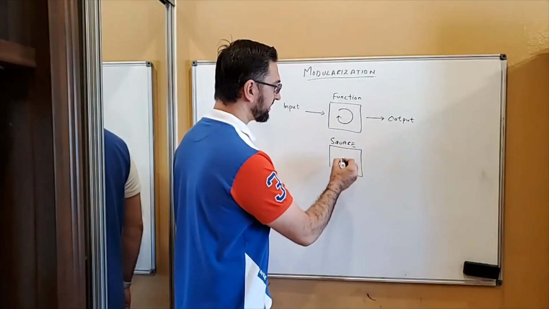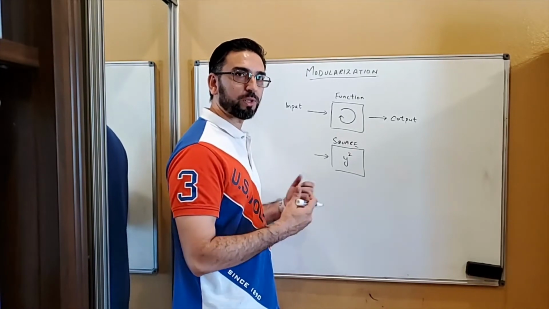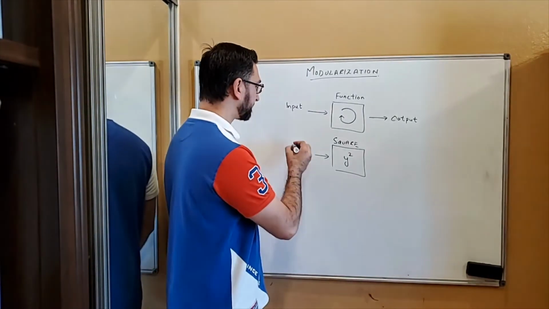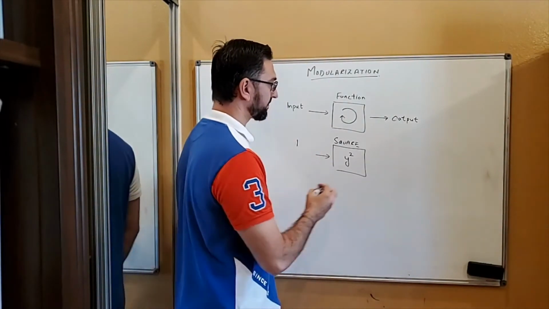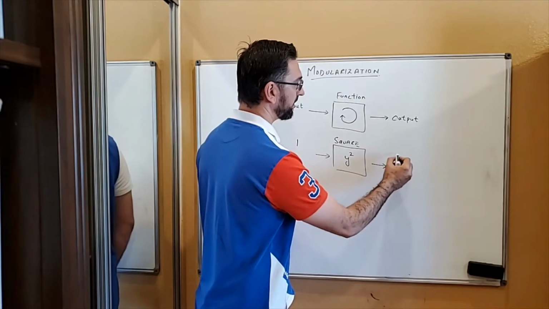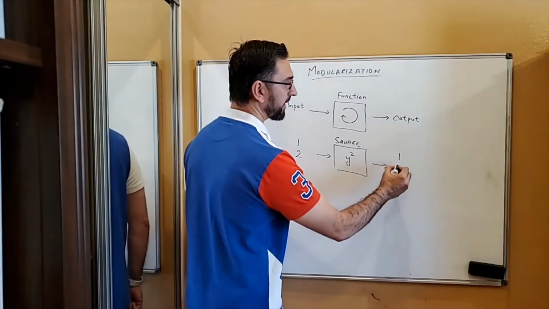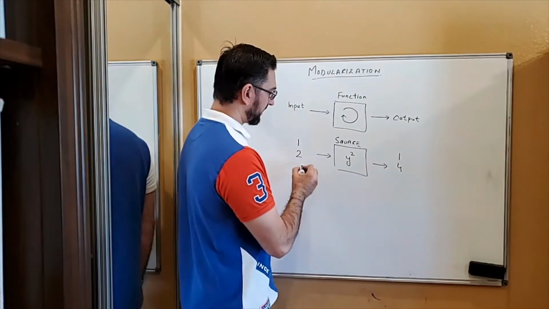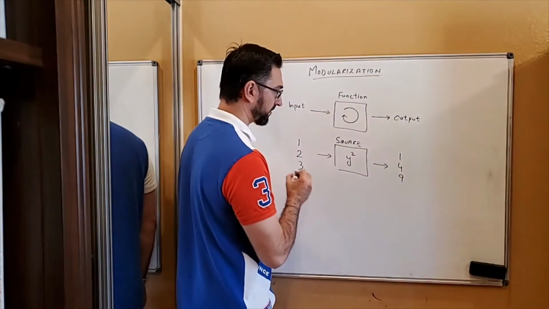This function squares the input and gives us the output. So if our input is 1, the output would be 1. If our input is 2, the output would be 4. If our input is 3, the output would be 9, and so forth, right?